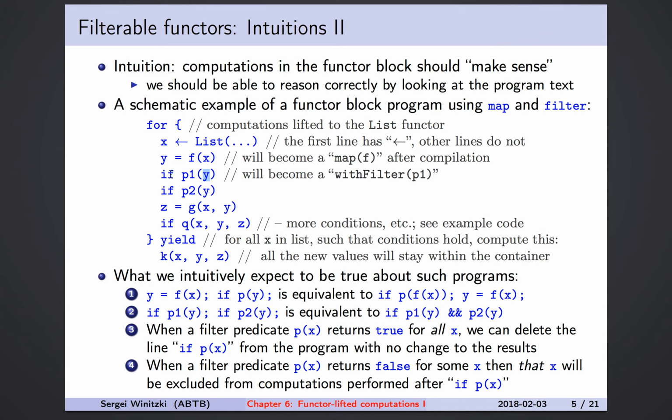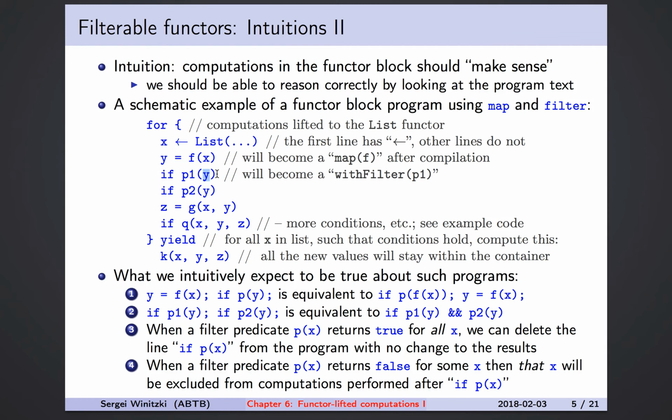Once we write if p1 of f of x on this line instead of this, and then we write this on the next line instead of that, so we interchange these lines and replace y by f of x, that should be exactly the same thing, because these are values that we computed and these are conditions we evaluate.